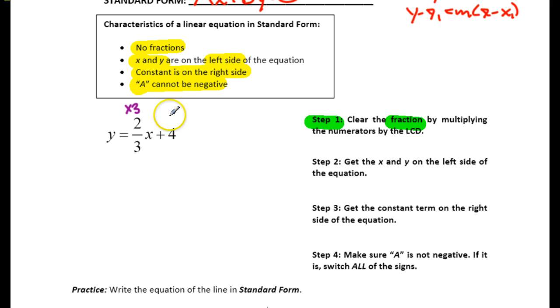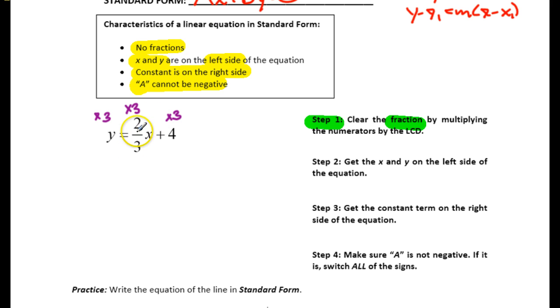Now, the one thing that is the same is we always do it on both sides. So I'm going to have to multiply the y on this side by 3, right? But here's the other thing. I have to also multiply this term. When you multiply or divide, you've got to hit every term the same way. So in this case, we're going to multiply everything by 3, but that step is guided by getting rid of the fraction. That's why we're doing it.